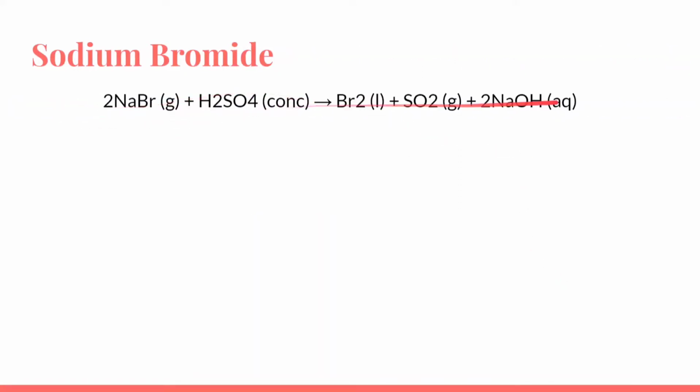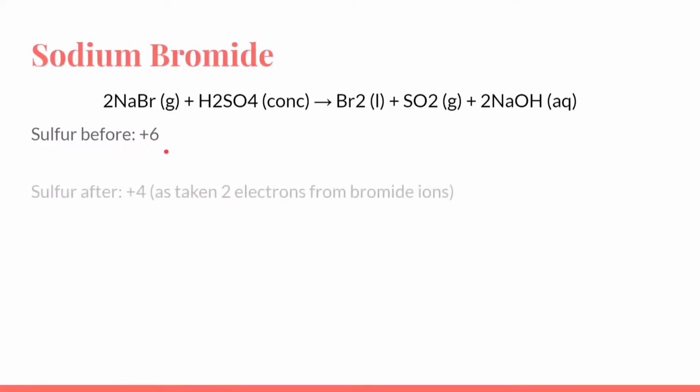So this is our equation again. And you can see that the oxidation state of sulfur before the reaction takes place is +6. And after the reaction, our sulfur actually has an oxidation number of +4. And this is because it has taken the 2 electrons from the bromide ions in the reactants.